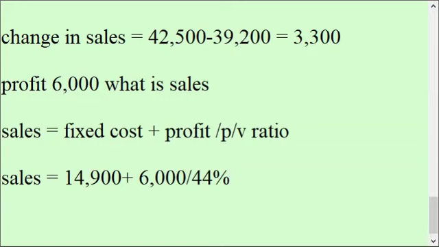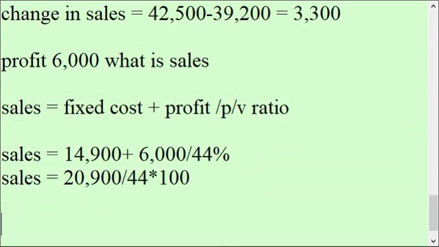Okay, so sales is equal to 14,900 plus 6,000, that comes to 20,900. This divided by 44 into 100, if we simplify, we get sales of rupees 47,500. So fixed cost plus profit, 6,000 as given, divided by PV ratio. Now come back to the 2013 question paper problem.